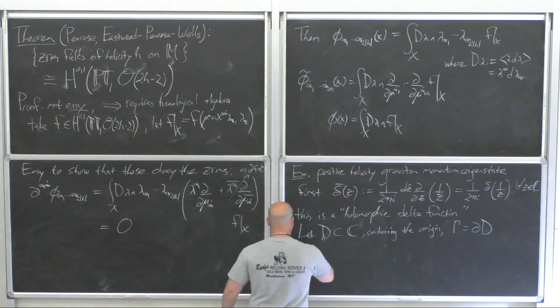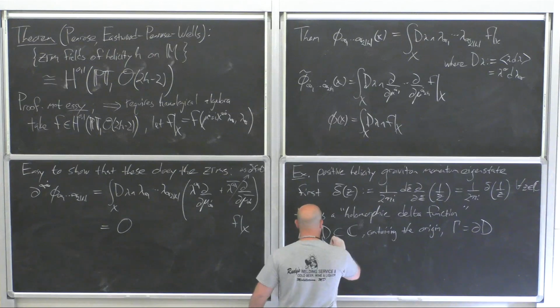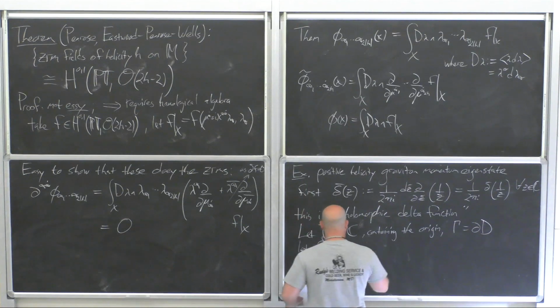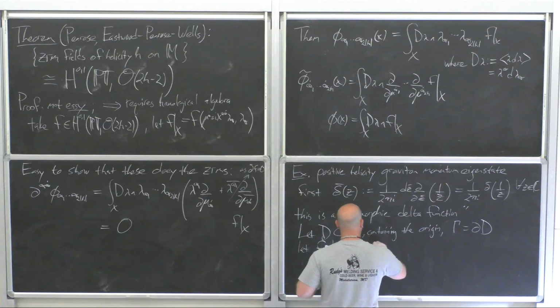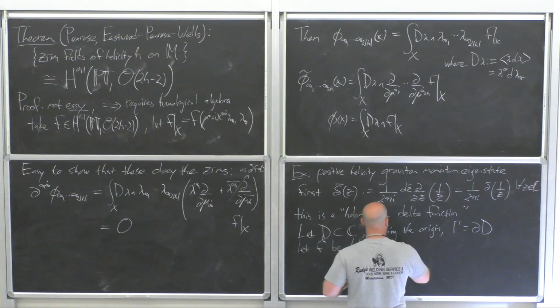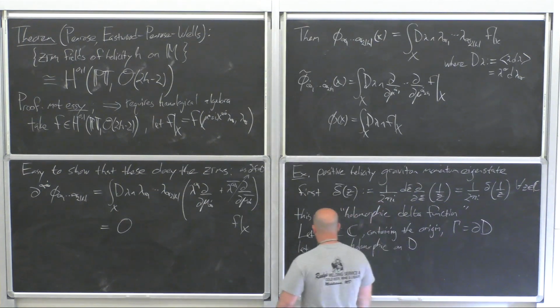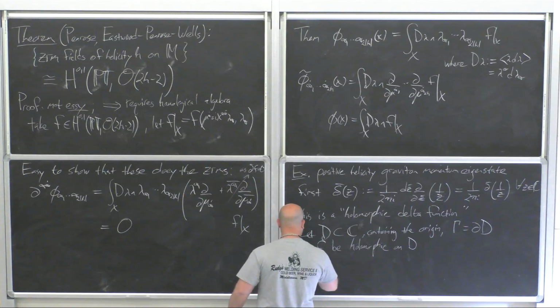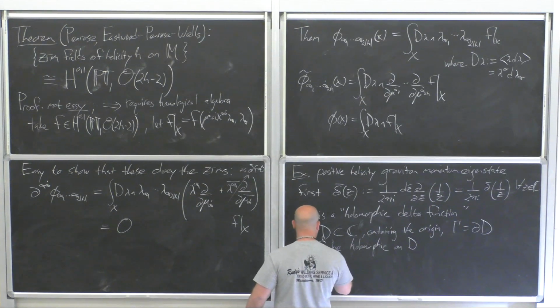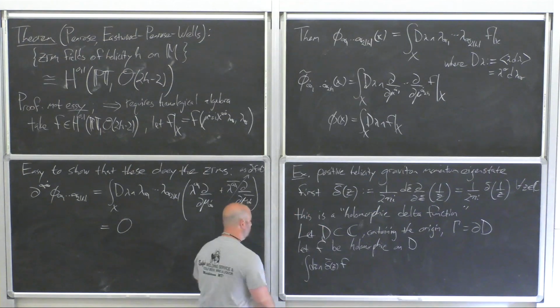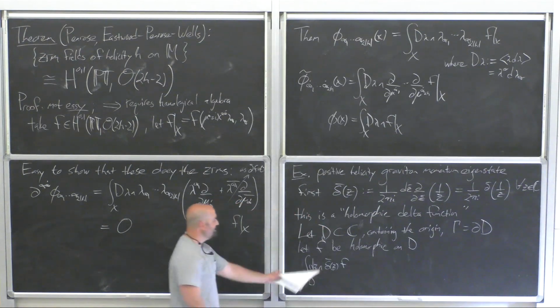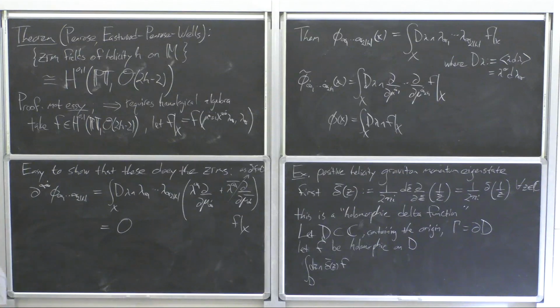And let f be a holomorphic function on D. Then I can consider integrating dz delta bar of z times f over D. If this thing really is supposed to be like a delta function, I'd better get f evaluated at the origin when I do this integral.